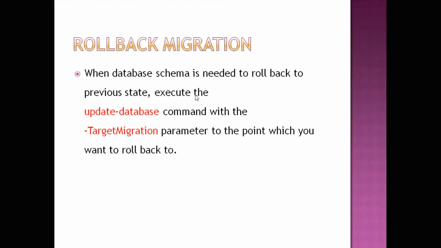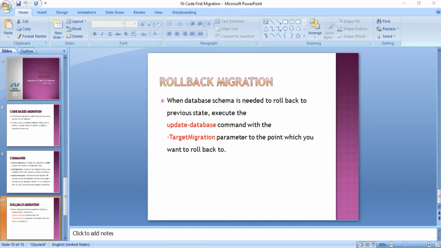So to roll back your migration, again you need to use the update database command. But this time you have to use the option target migration. And to this target migration, you have to specify your migration name, the point to which you want to roll back. Let us switch to SQL.